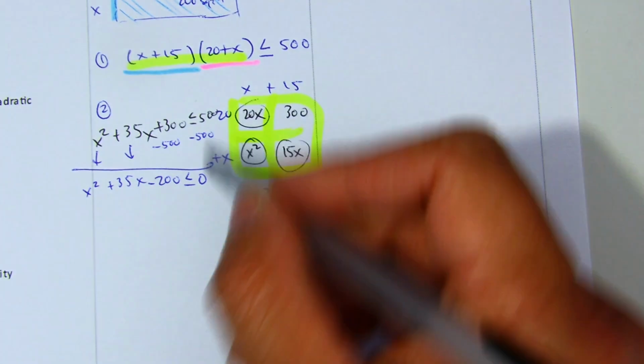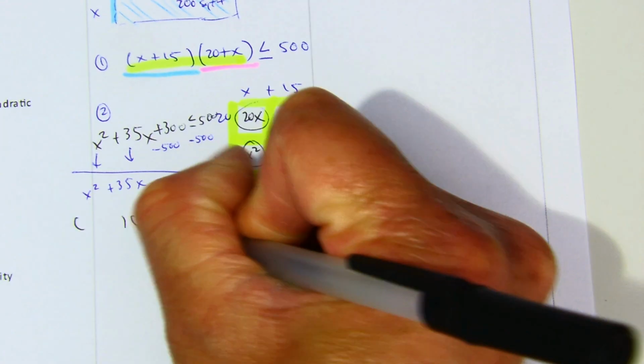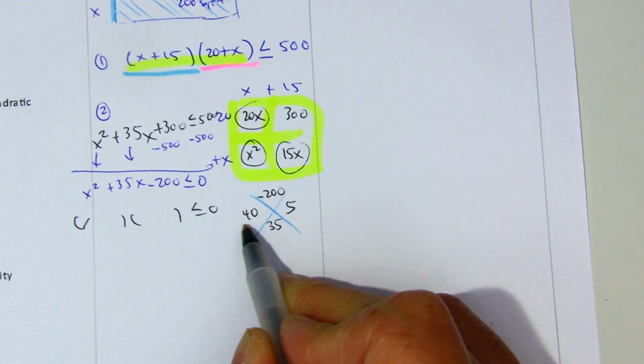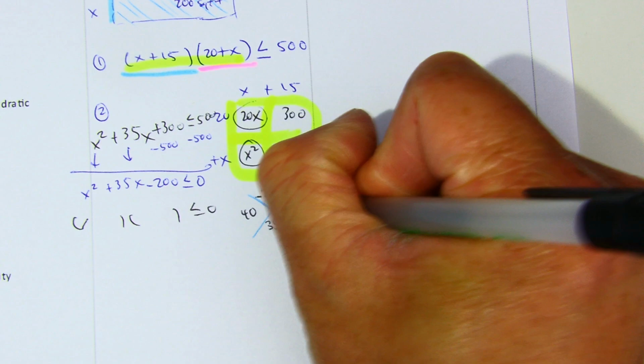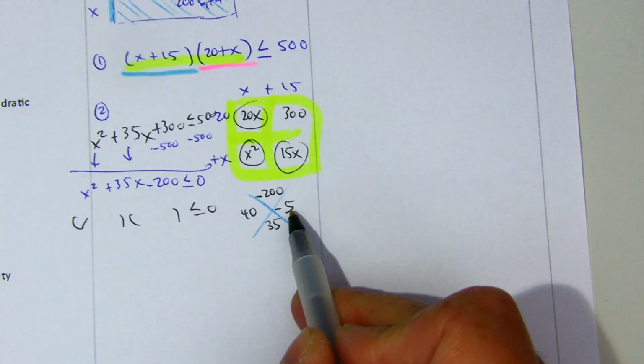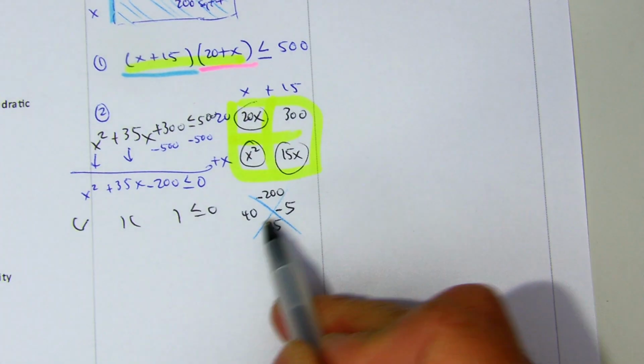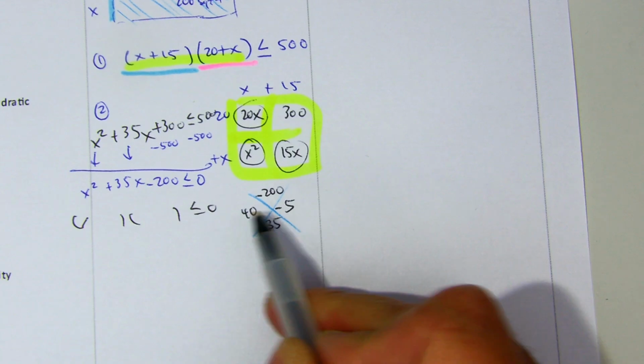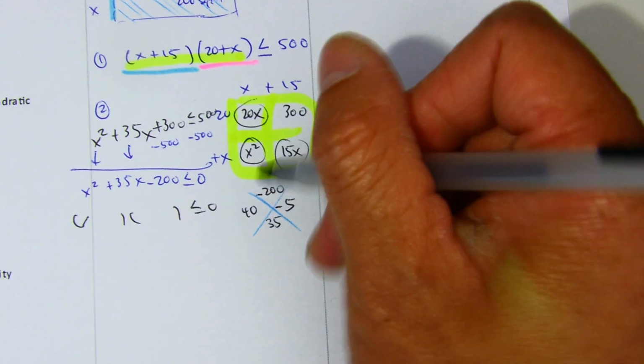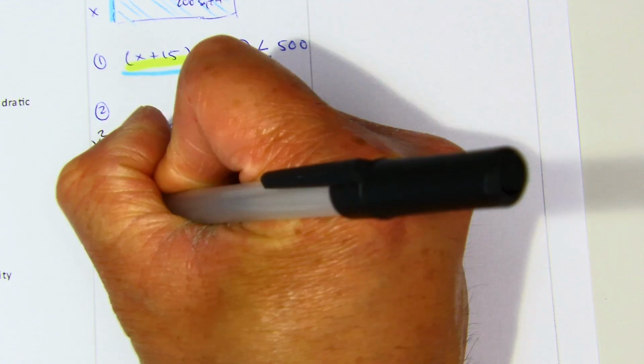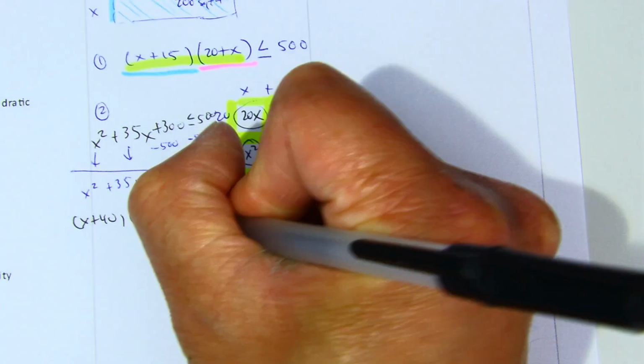Now I'm going to factor. I'm going to make this one negative. So 40 times negative 5 is negative 200, and then 40 minus 5, or 40 plus negative 5, is 35. So x plus 40 and x minus 5.